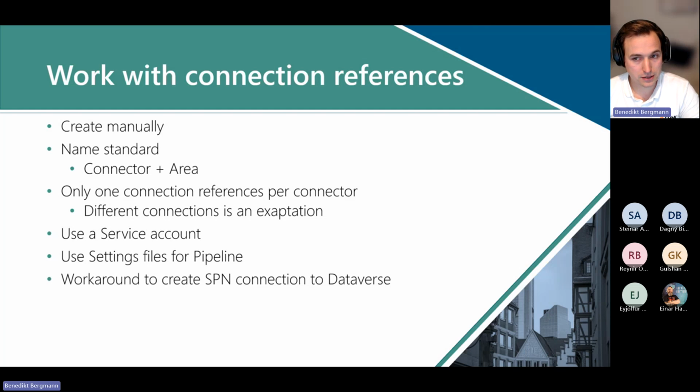And since we have different connections, we also need different connection references because every connection reference can only use one connection. So there might be a certain amount of flows that use one connection reference and a certain amount of flows that use another connection reference.